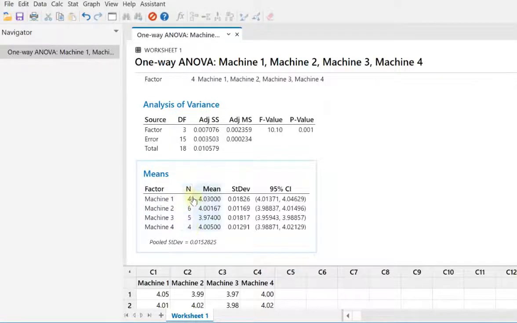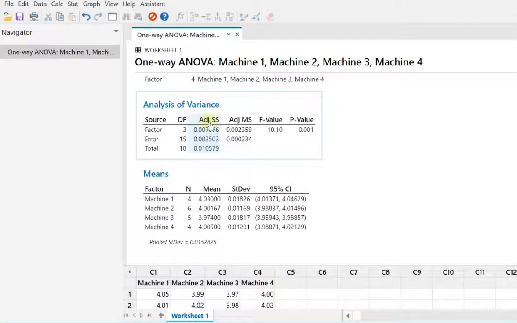There are 19 scores regardless of the machine type. So degrees of freedom here is going to be 19 minus 1, or 18. So when I see a total of 18, whatever that number is, add 1 to it and you get your total combined sample size. And this is your sum of squares.